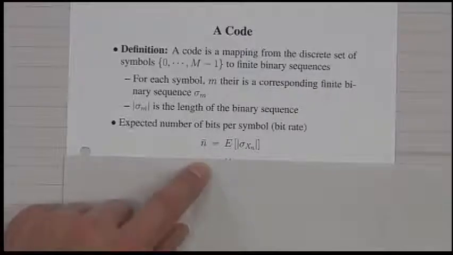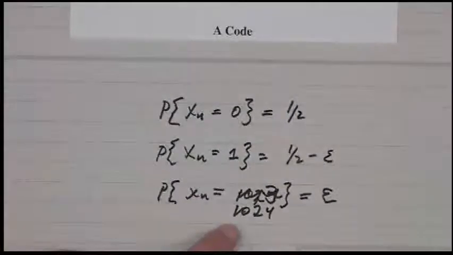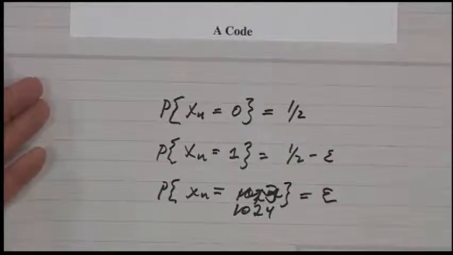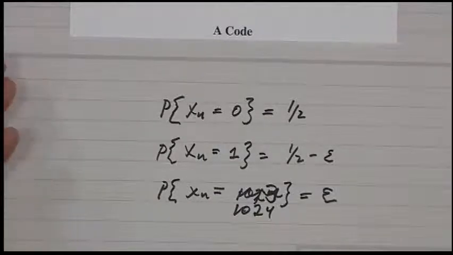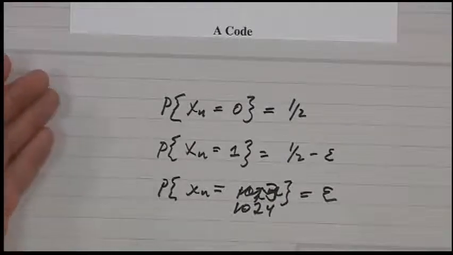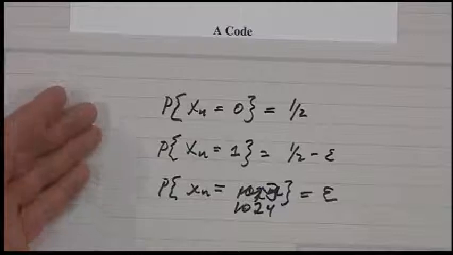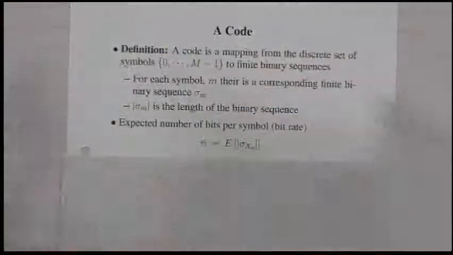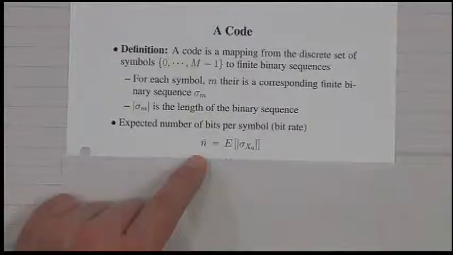In the previous example I gave, 1024 is 10 bits, right? If I just did the dumbest possible encoding, where I just sent 10 bits per symbol, then n bar would be 10, right?